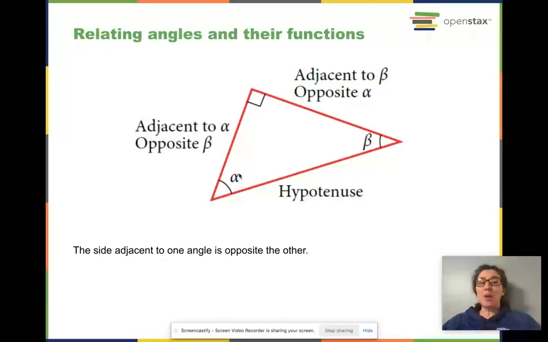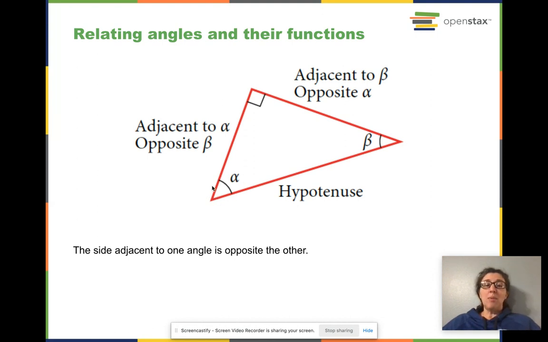An important thing to understand is that which side is opposite and adjacent depends entirely on which angle we're talking about. Of course, we're always talking about right triangles. All of these trig functions only work for right triangles.